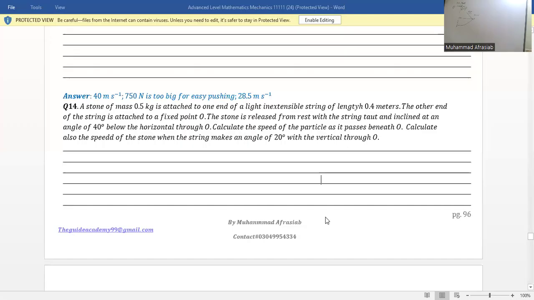A stone of mass 0.5 kg is attached to one end of a light inextensible string of length 0.4 meter.